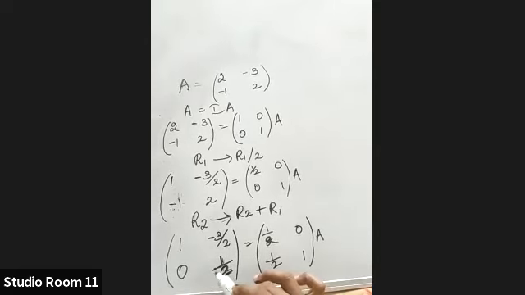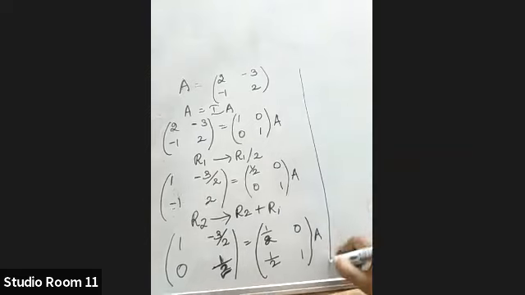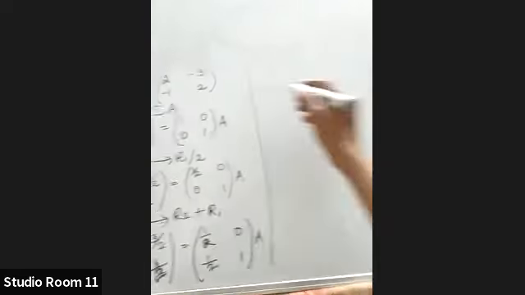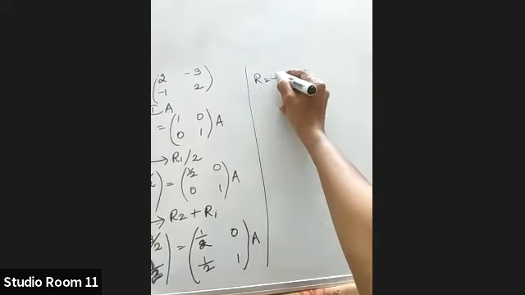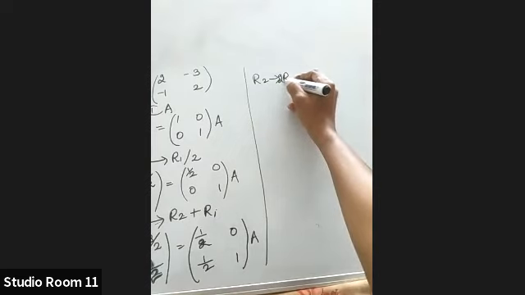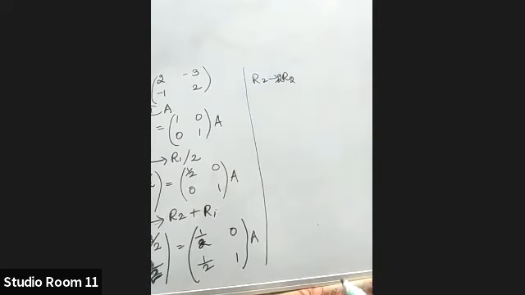Since 1/2 is there, R2 gets multiplied by 2: R2 gets 2R2.